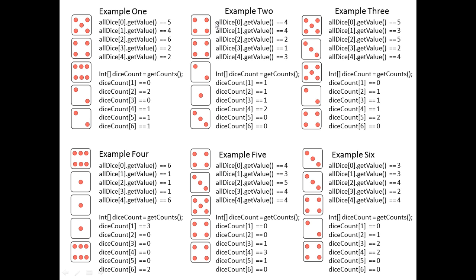So what this method is really doing is converting the information from an array of dice, each with a value, to an array of values that indicate how many dice had each of those values. So it's an array where each index tells you how many dice were of that value.